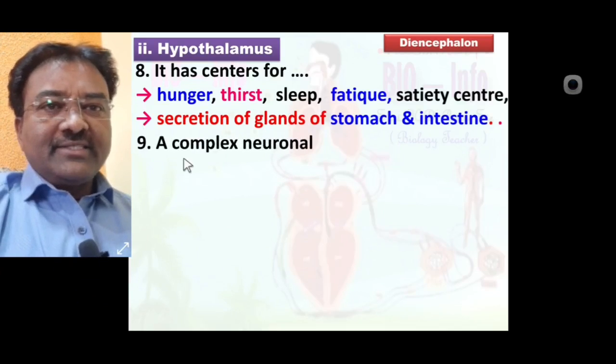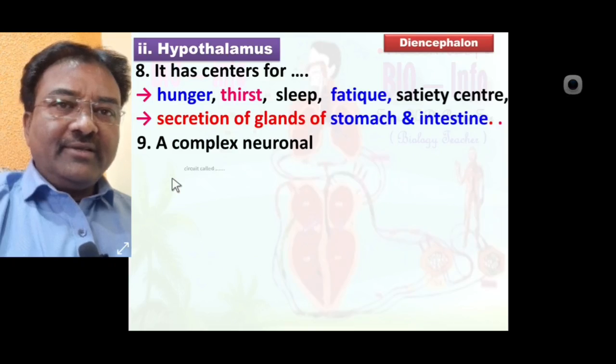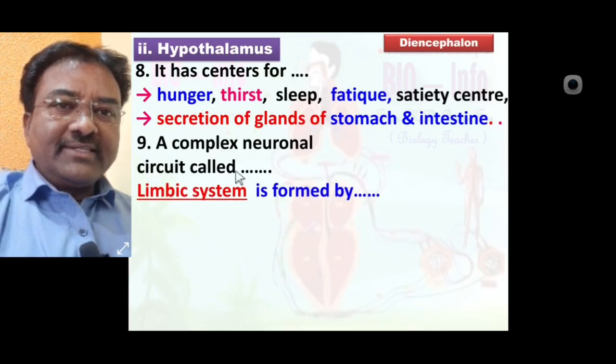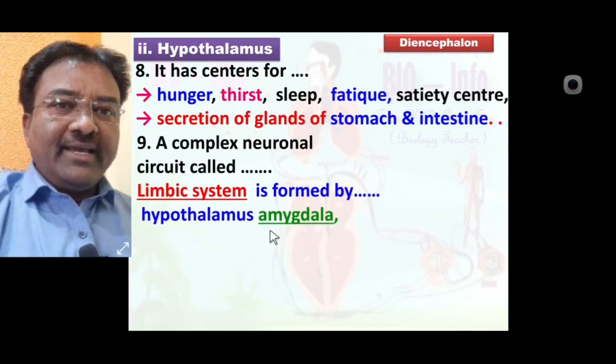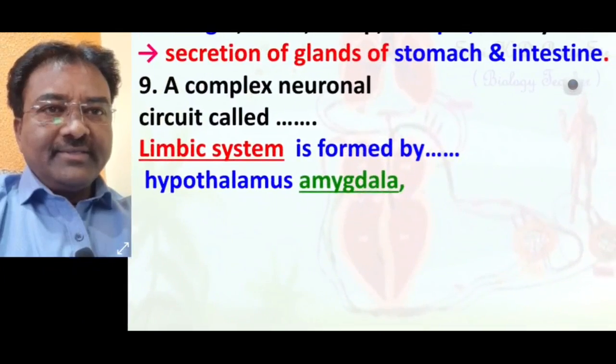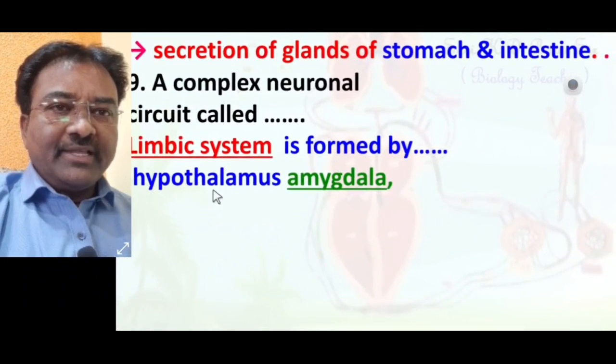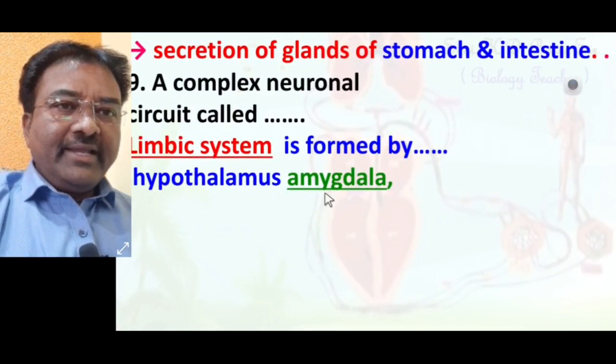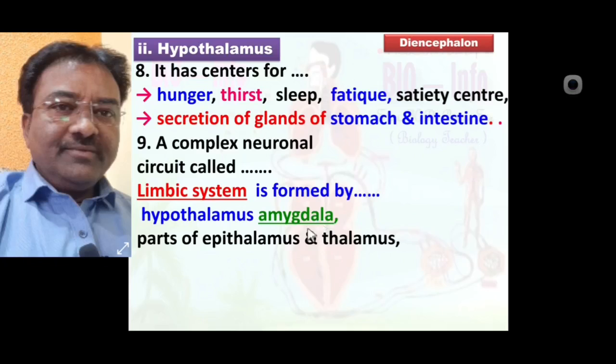A complex neuronal circuit called the limbic system is formed by hypothalamus, amygdala, also parts of epithalamus and thalamus.